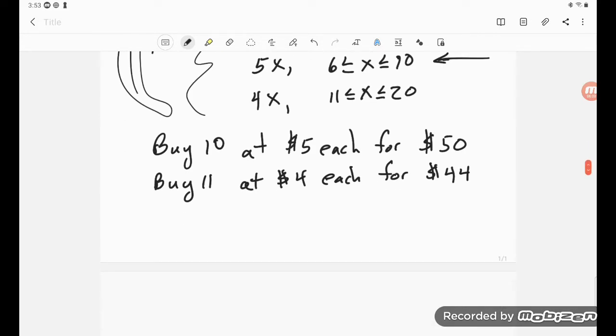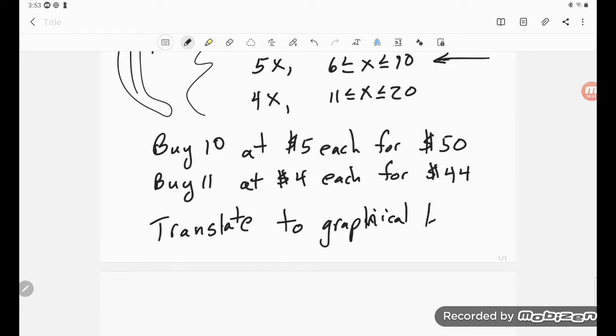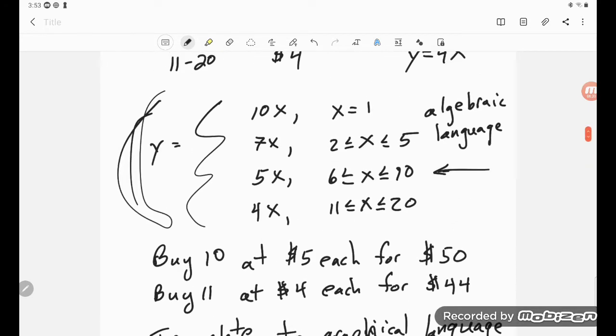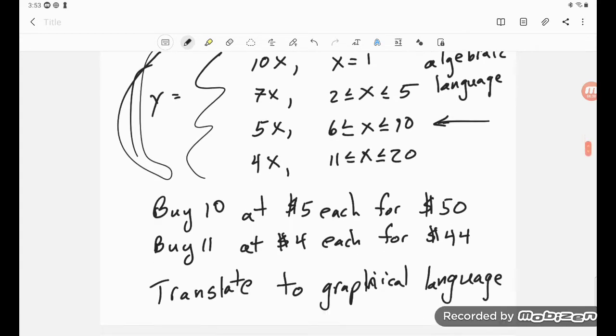And so what we want to do is translate to graphical or visual language. And then we'll be able to use that to help us get rid of any over buying, any wasteful buying that we would do. So we would go to a graph.